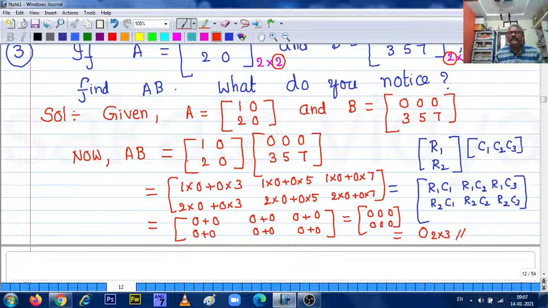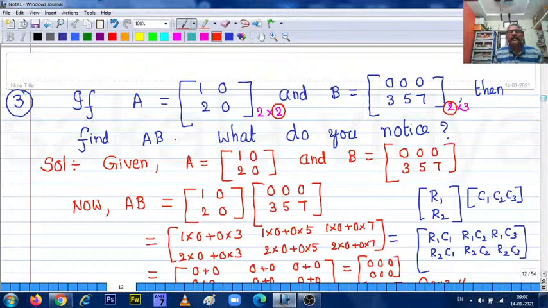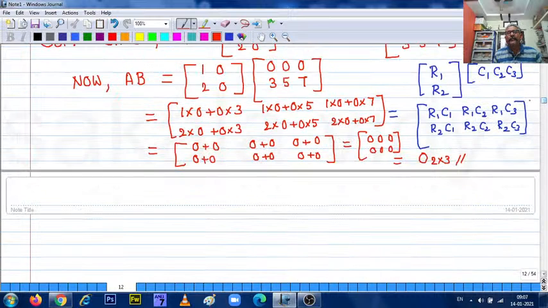That means AB is equal to 0. Now what do you observe? A is not a null matrix, B is not a null matrix. Though they are not null matrices, their product may be a null matrix. It is not necessary that if AB equals O, then A equals O or B equals O; that we can confirm.